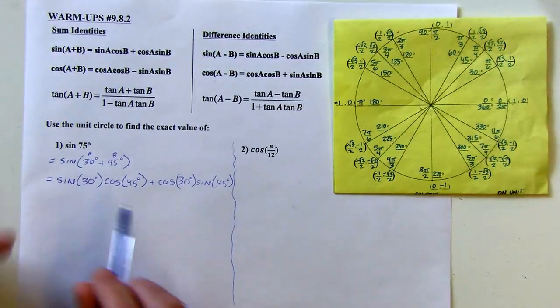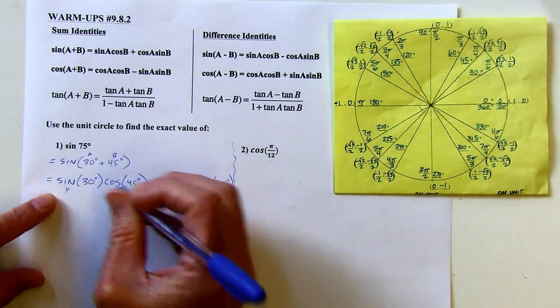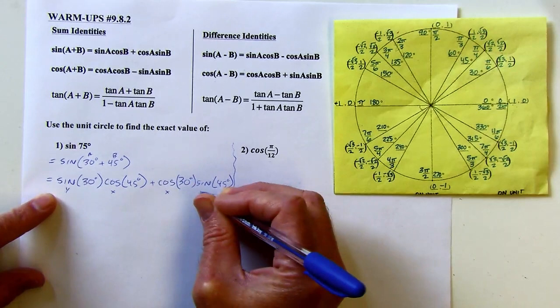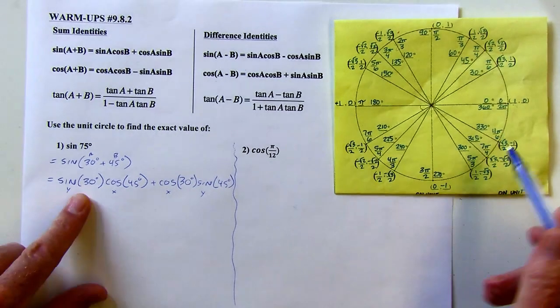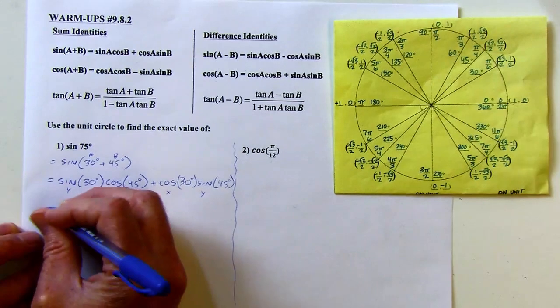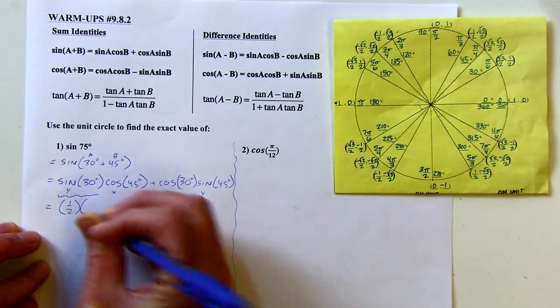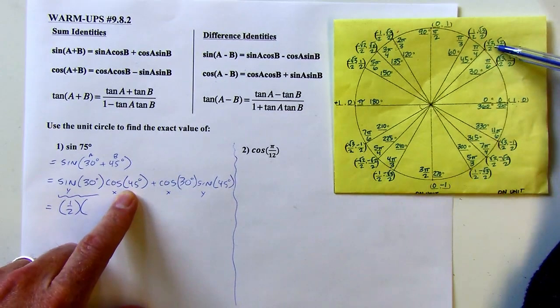Okay, and I can find all of these. So remember, for sines, I'm just looking for the y coordinates at those different places, and for cosine, I'm looking for the x coordinates at those different places. So then I'm going to use my unit circle. Okay, so 30 degrees sine, well, my y here is 1/2. Okay, and then cosine of 45 degrees, well, the x value there is √2/2.